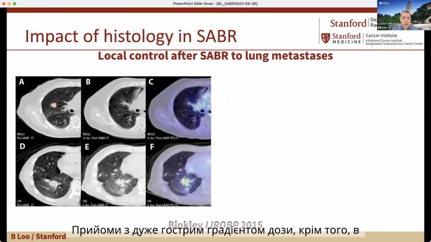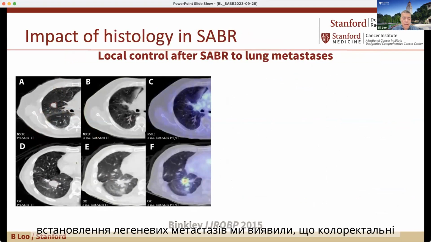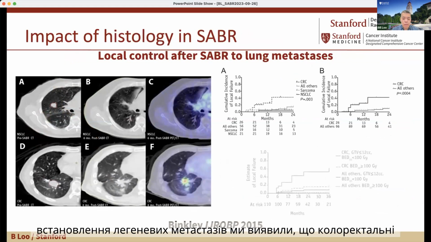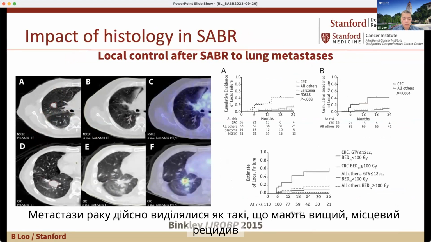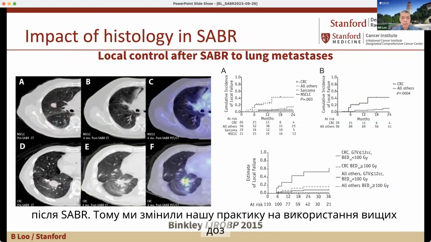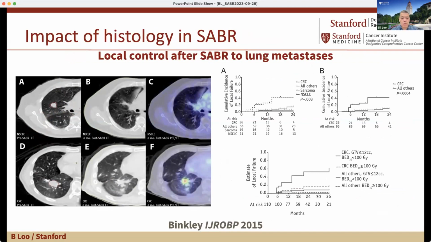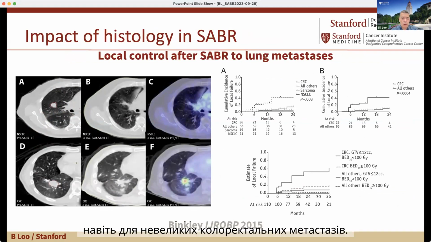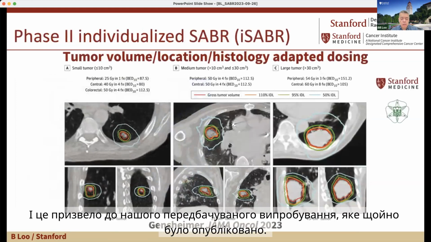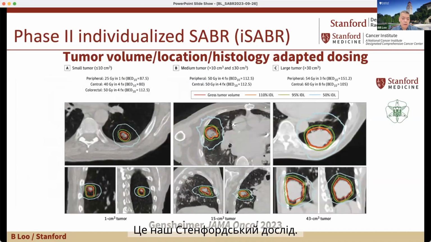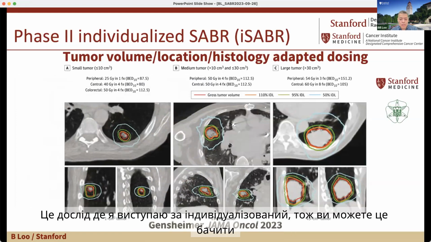In addition, in the setting of lung metastases, we found that colorectal cancer metastases really stood out as having higher local recurrences after SABR. And so we changed our practice to using higher doses even for small colorectal metastases. That led to our prospective trial that was just published. This is our Stanford iSABR trial, where the I stands for individualized.